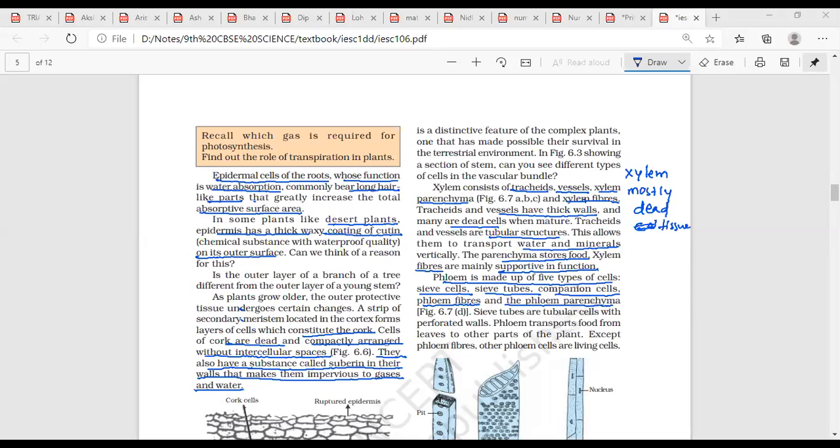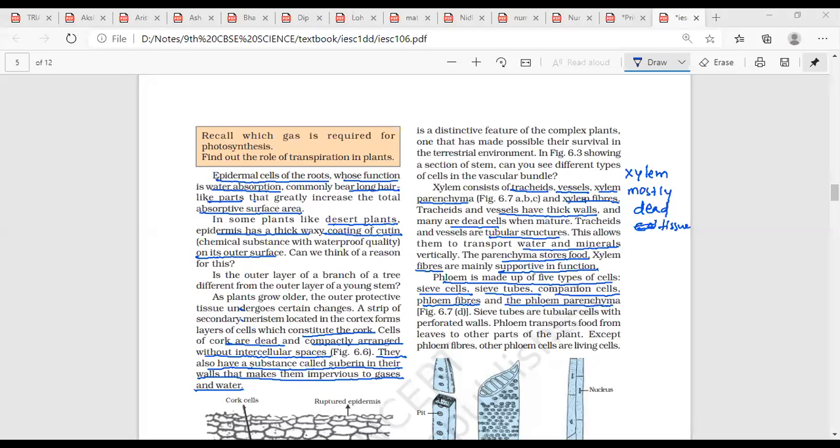Ma'am, could you repeat it again? What happened? Ma'am, the last point. Transport of water in xylem needs simple physical force.